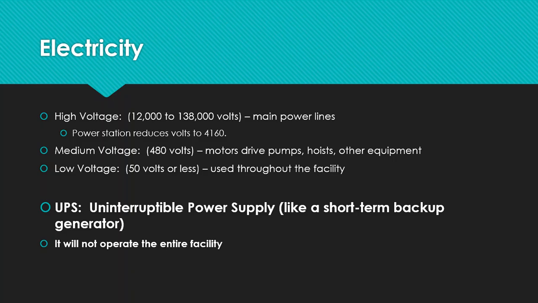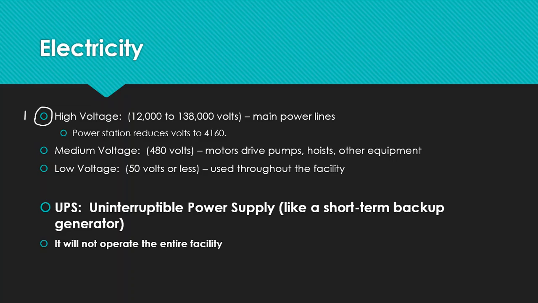There are actually three different stages of electricity that we need to mention briefly, but only one of them is going to be the most important. The first one is high voltage, which refers to quite a large range of volts, from 12,000 to 138,000 volts.